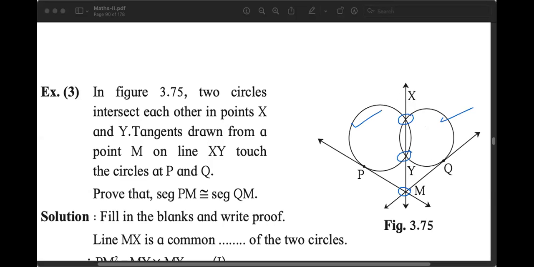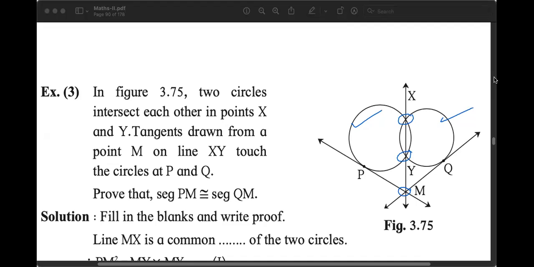Tangents drawn from point M on line XY touch the circles at P and Q. Chand is saying the tangent is P. No, it is not P. M, first of all, is a point on this line XY, which passes through the points of intersection of the 2 circles. And from M, 2 tangents are drawn, each to one circle.